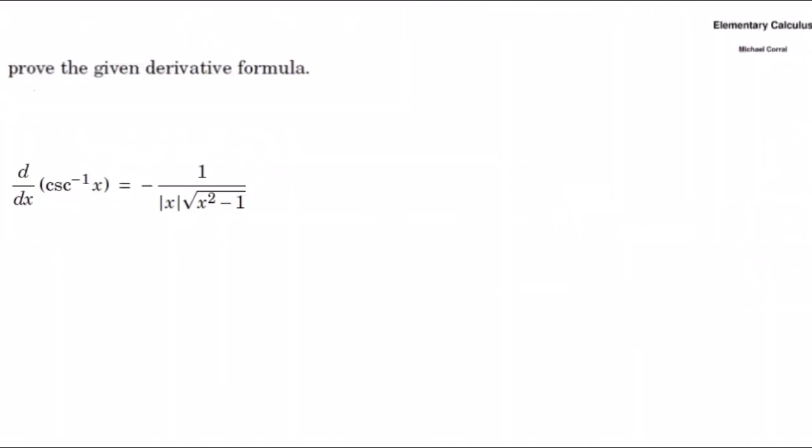And the last formula is the derivative of the inverse function of cosecant x with respect to x equals negative 1 over absolute value of x times square root of x squared minus 1.